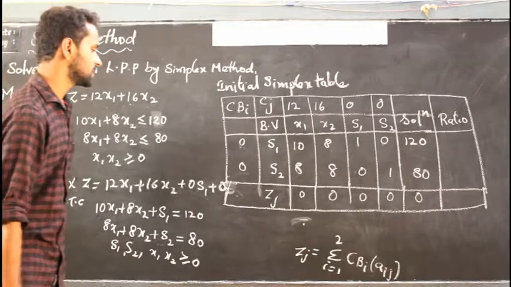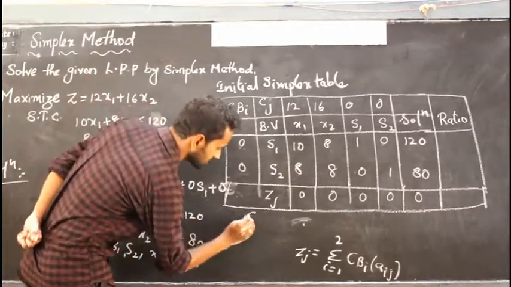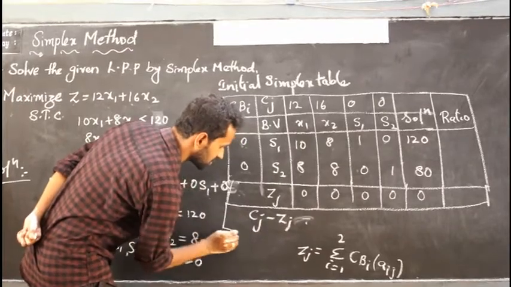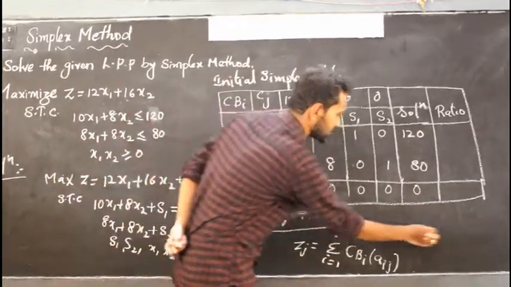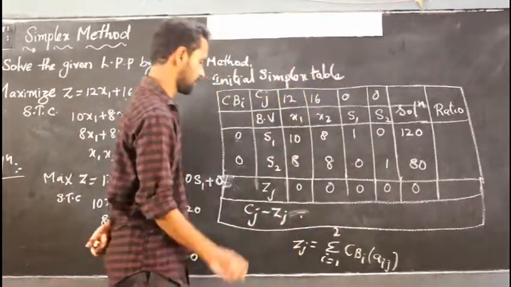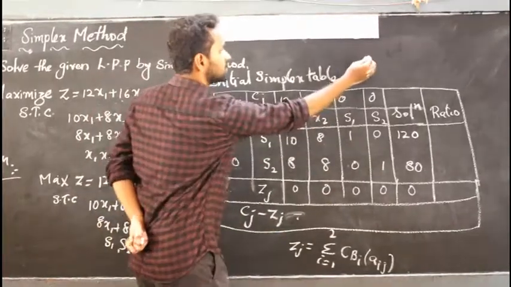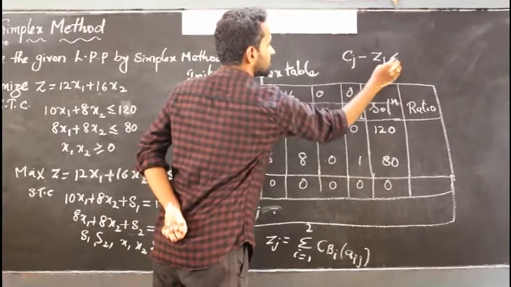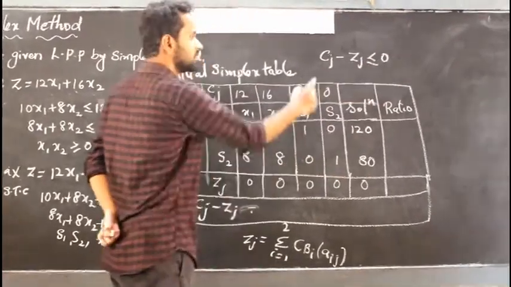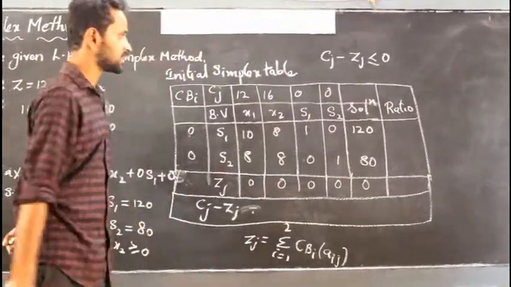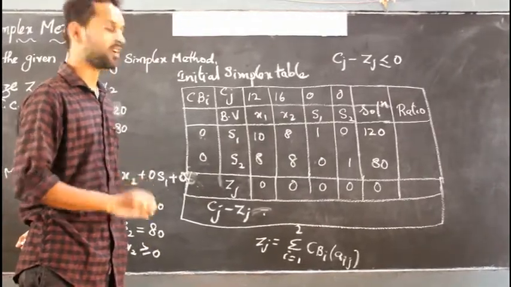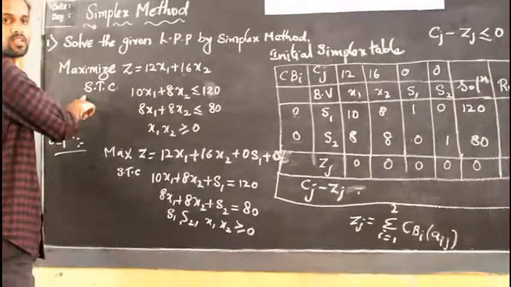Now I need to go for Cj minus Zj. This is your ultimate optimization goal. If all the values of Cj minus Zj are less than or equal to 0, then it is considered an optimal solution for a maximization problem. So that's important.